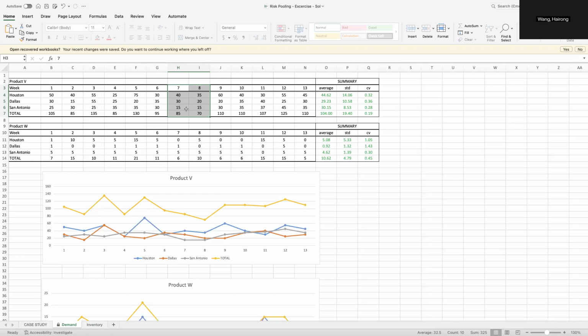In this case, because the localized demands change in the same direction, both Houston and Dallas have a decrease; the demand is lower in week 8 compared to week 7, right? And then in this case, the risk pooling is not effective.